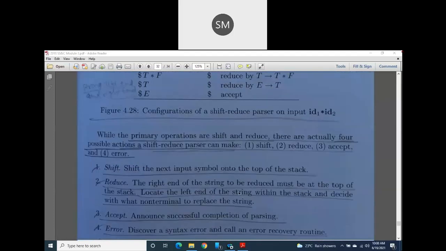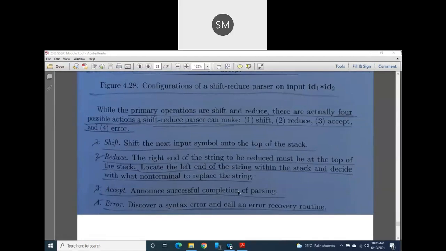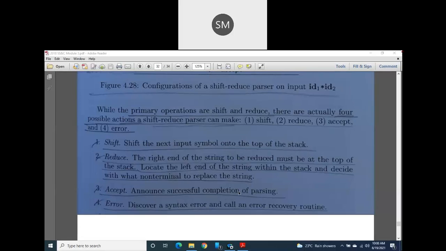Basically, if you look, you may feel that there are only two operations, shift and reduce. But actually, there are four operations. One is shift, second is reduce, third is accept, fourth is error.